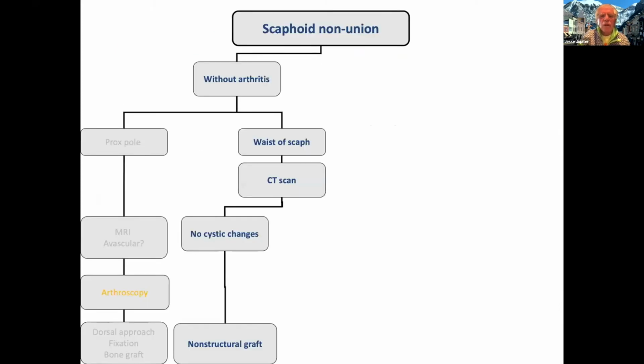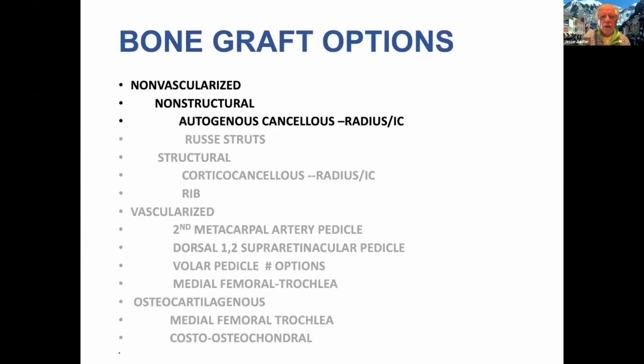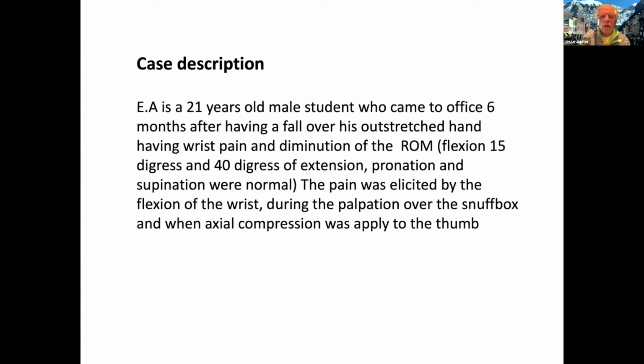So let's look at the waist fracture level. There's a well-aligned CT scan and no cystic changes. And this really is well handled with a non-structural graft. This is a young man with a typical presentation 6 months after an injury, and pain and limited motion in his wrist.